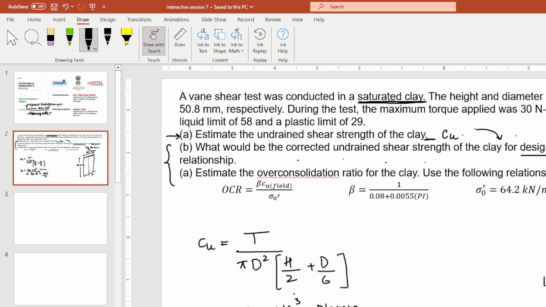I've converted the Newton meter to Newton mm here by multiplying with 10 to power 3. So don't get confused. So you will get an answer for this. Cu equals, let's calculate.